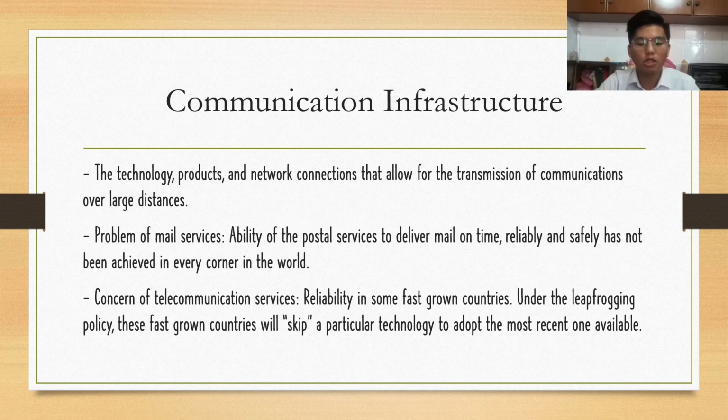In telecommunication services, the primary concern is about the reliability in some fast-growing countries. Under the leapfrogging policy, these fast-growing countries will skip a particular technology to adopt the most recent one available.